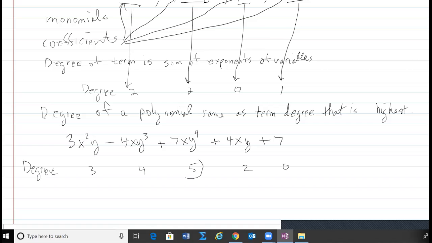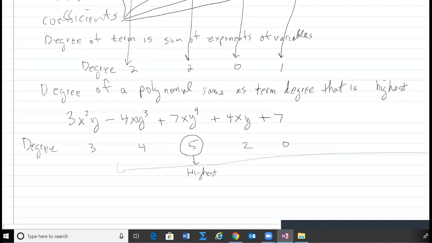So since this one is the highest of all, it determines the degree of the polynomial in general. So that means this is the degree of each that we did here.